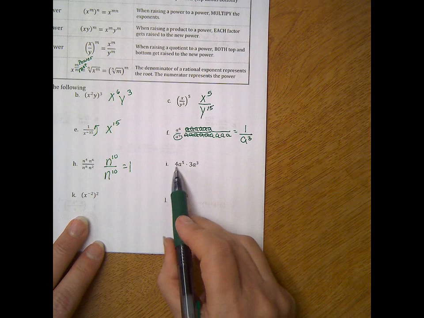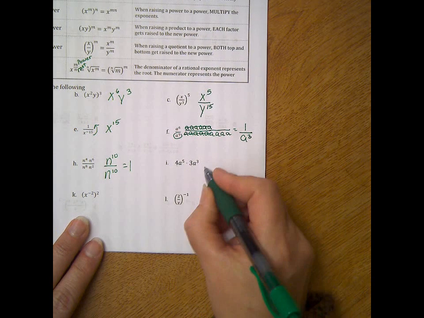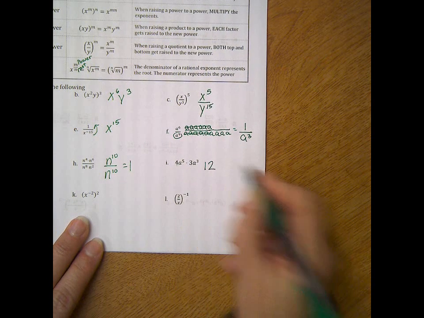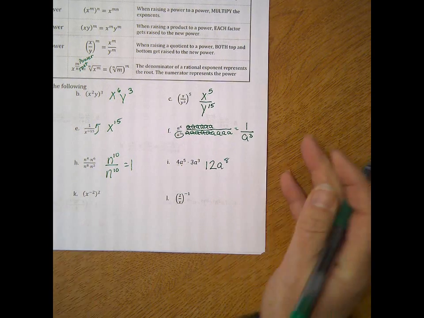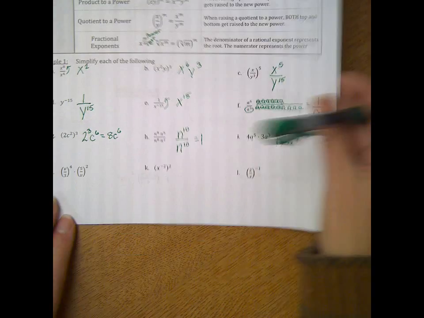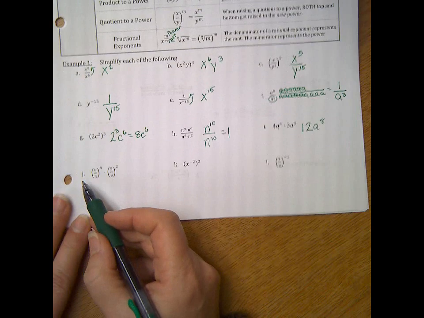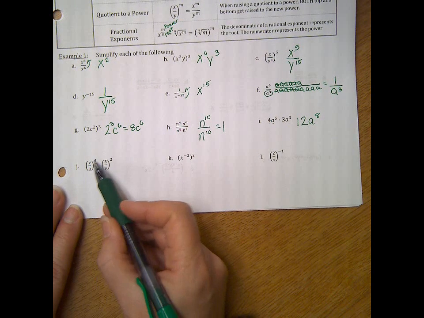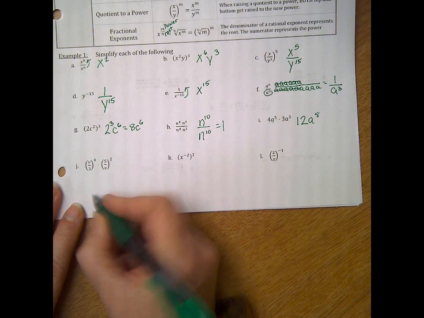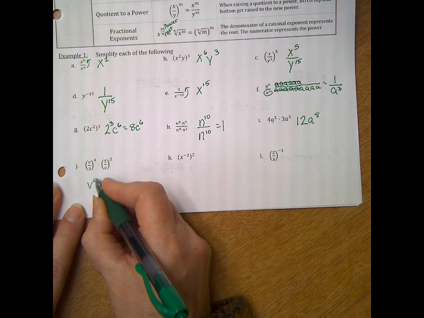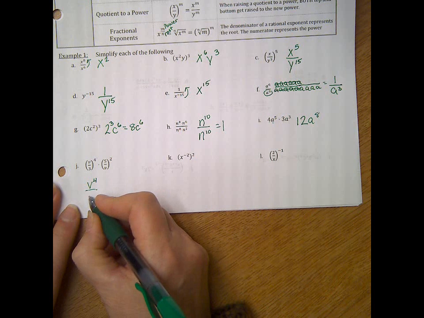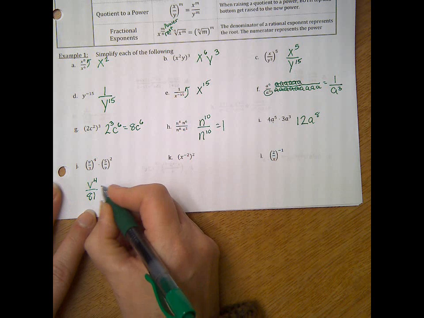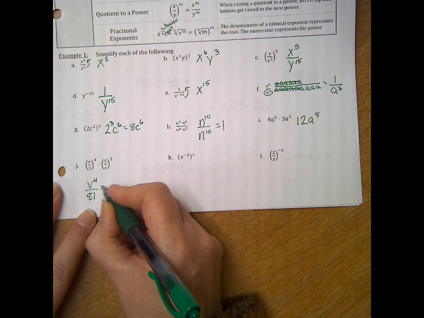Here, 4 times 3, make sure you multiply those coefficients together first. A to the 5th times a to the 3rd is a to the 8th. Super easy. Keep going. We're going to simplify each individual fraction here first. This is v to the 4th over 3 to the 4th. And 3 to the 4th is 3 times 3 times 3 times 3, which is 81.